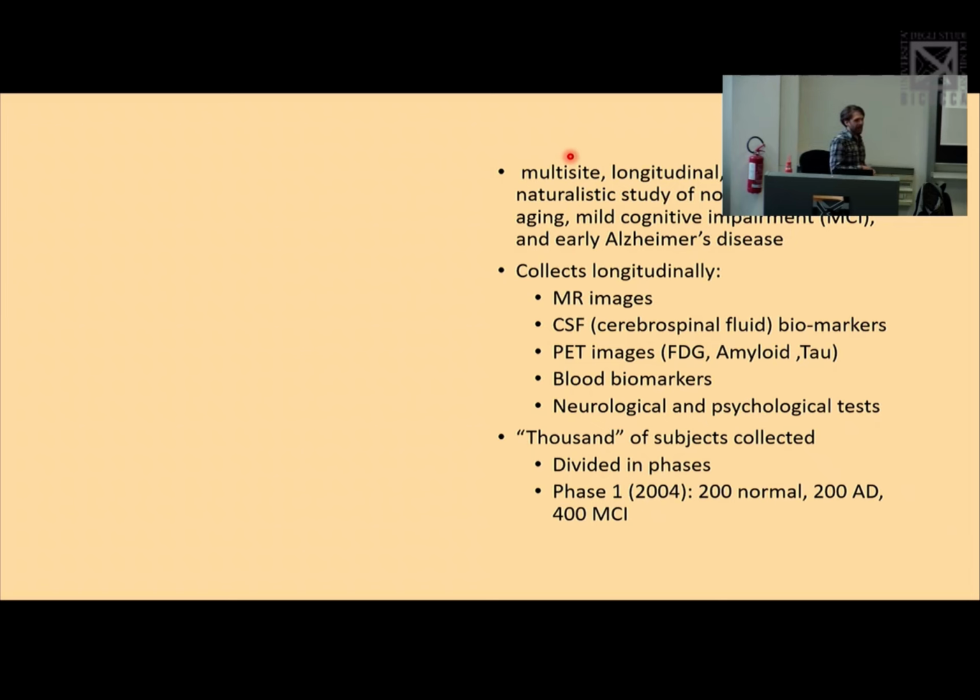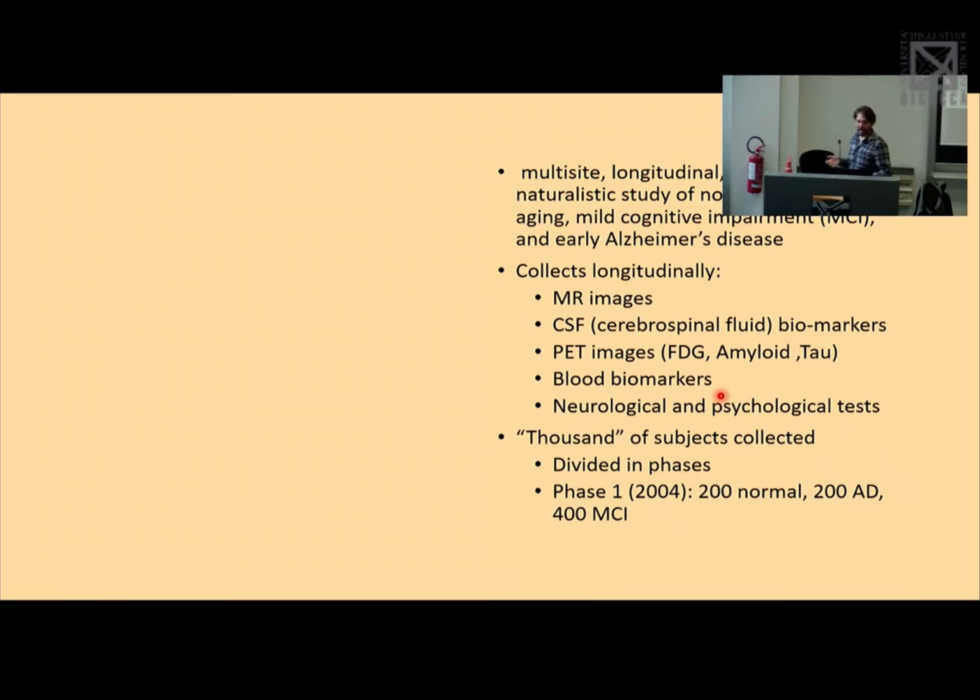MR images, for some subjects every 6 months you get a couple of MR images that show you the brain structure and not only. Cerebrospinal fluid markers, PET images nowadays with not only the cerebral metabolism, but also amyloid and tau, peripheral blood biomarkers, and also neurological and psychological tests.